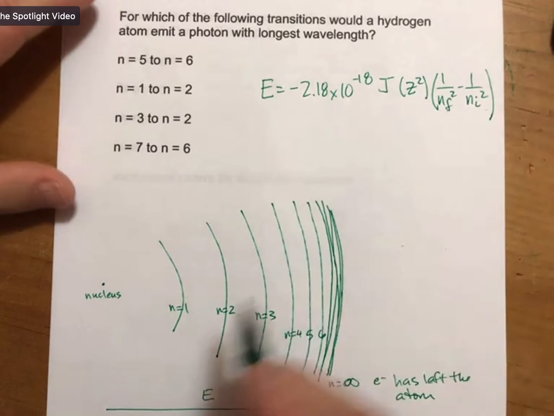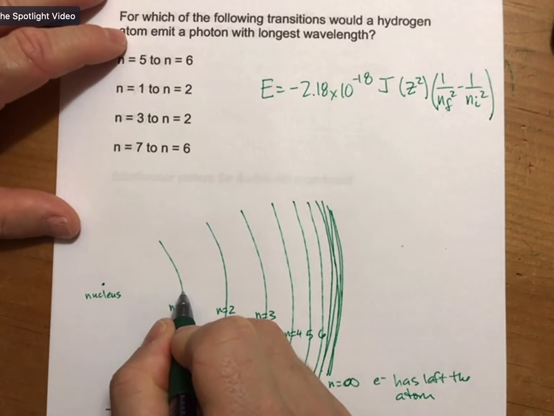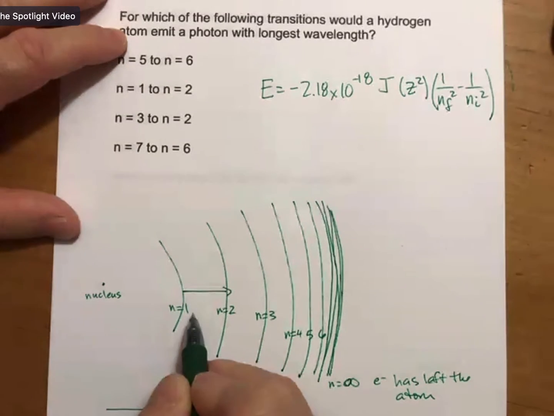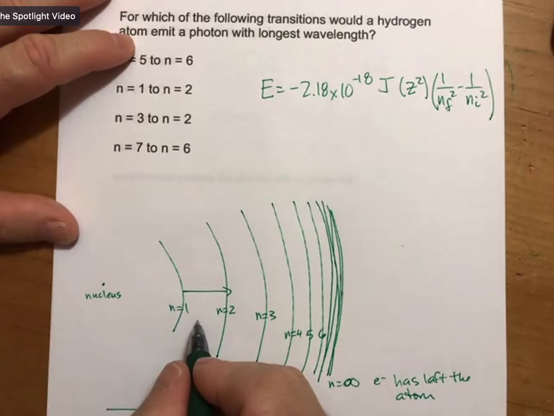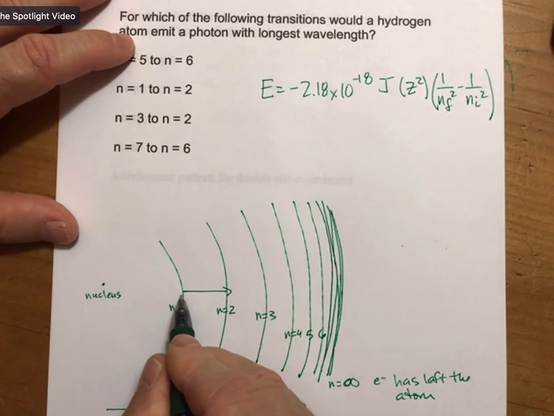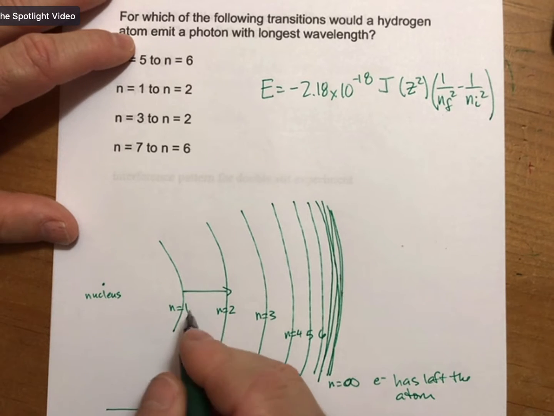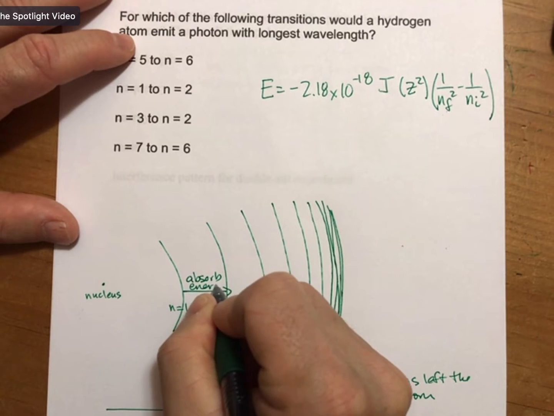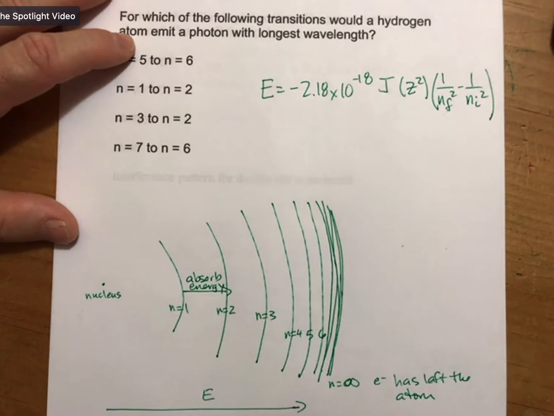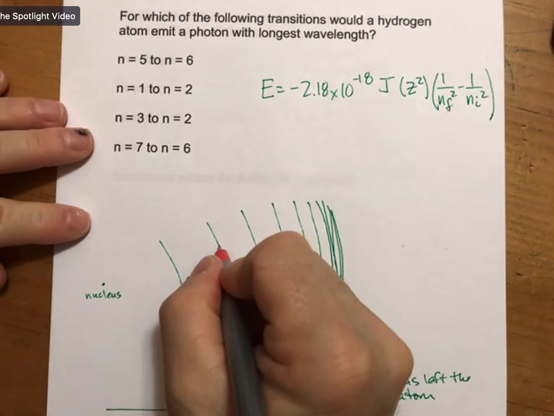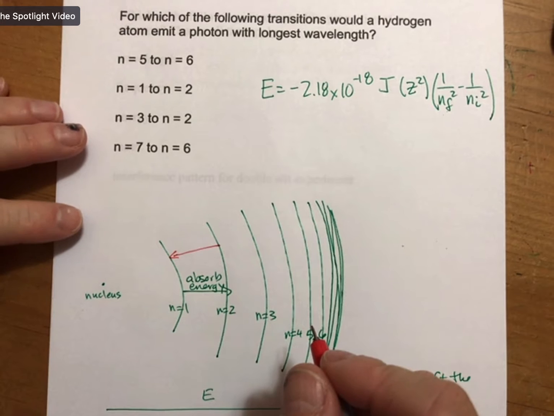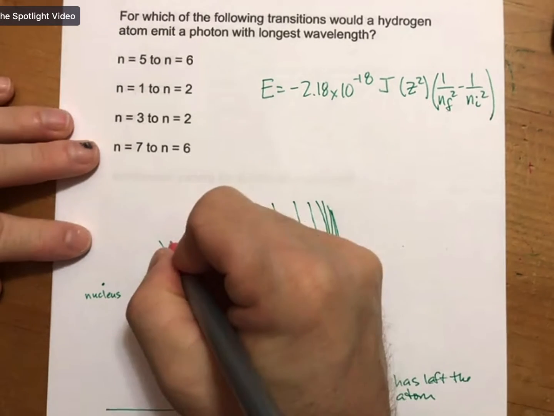First off, as an electron goes farther away from the nucleus, the atom itself, or the electron in the atom, must absorb energy. And as the electron comes towards the nucleus, the atom or the electron, or really both, must emit energy.